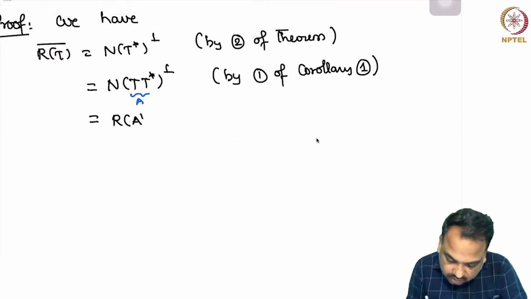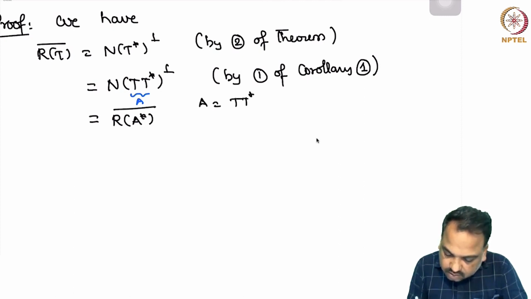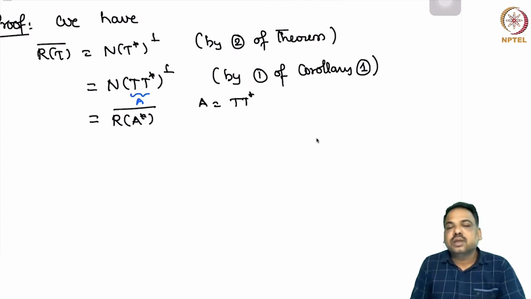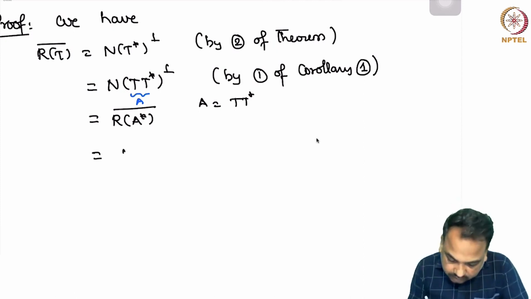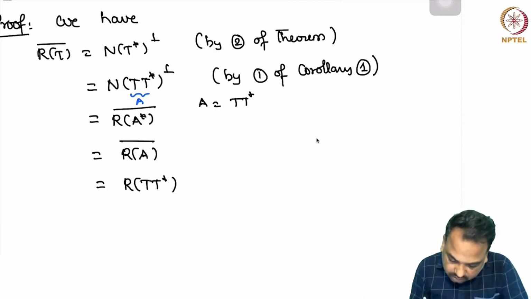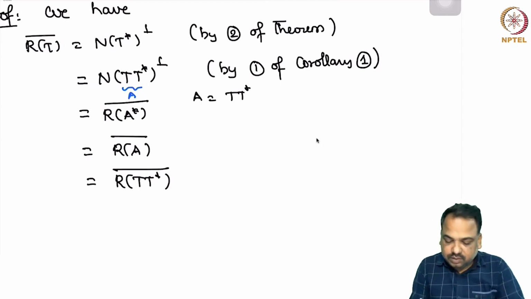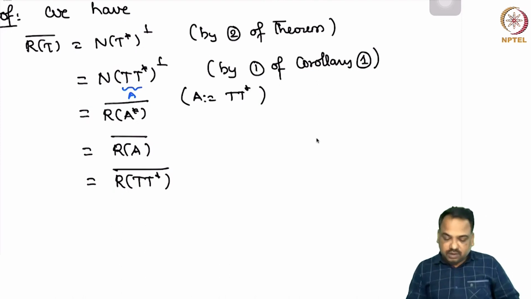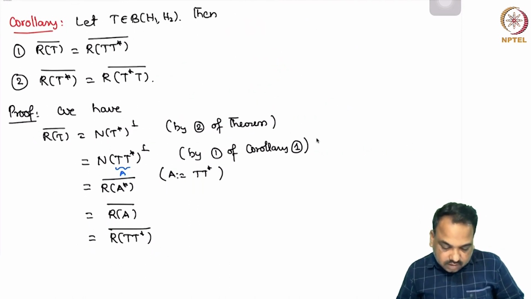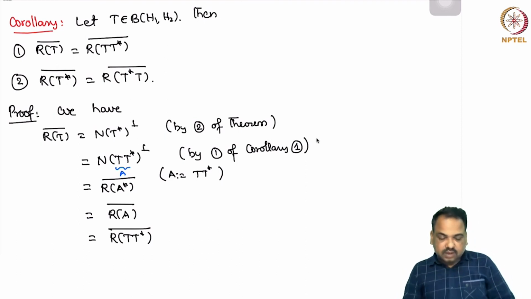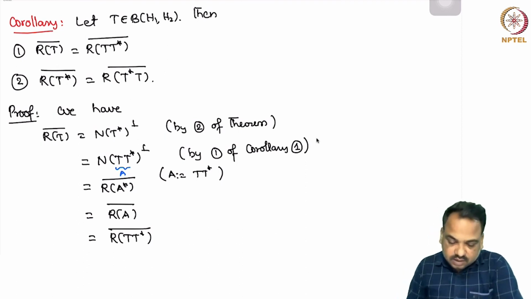This is range of A star closure. You take A as T star, but we know that A equals A star in this case. So this is range of A closure, but A is nothing but T star. We are defining A as T star. So from this we can conclude that range of T closure is exactly range of T star closure.